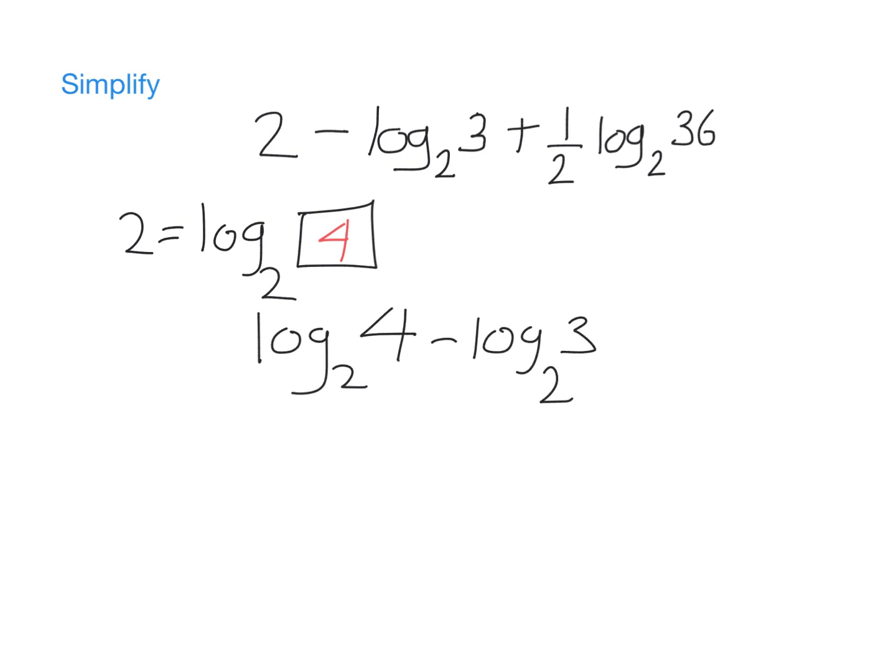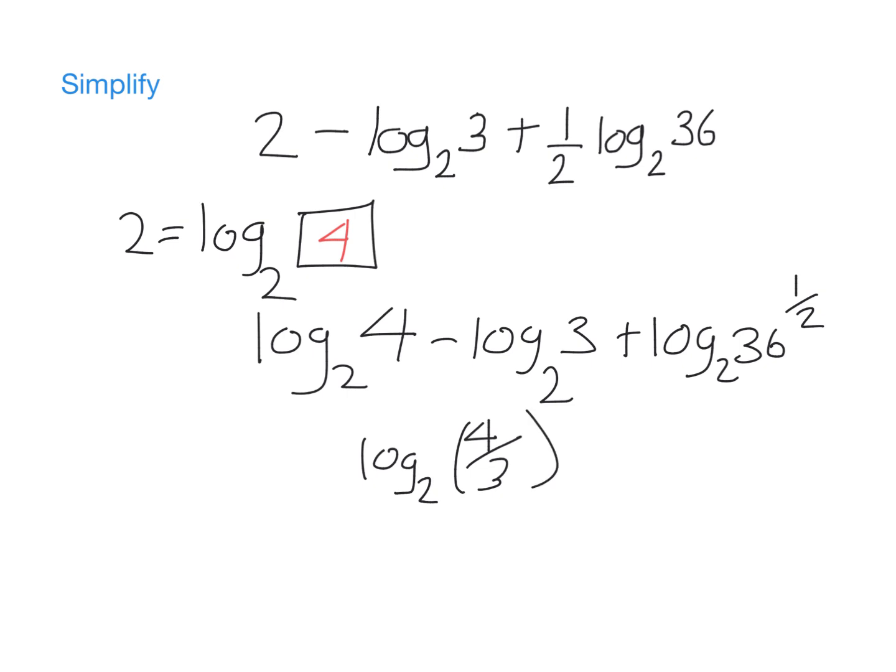Now I'm going to do the reverse of the third log law on the previous slide. If I have something out the front, I can write it up here as a power. So this last one, I'm going to write log 2 of 36 to the power of half. So if I combine these two logs using the subtraction rule, I keep the same base and I divide 4 by 3.